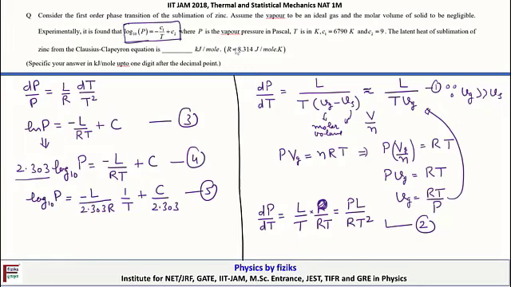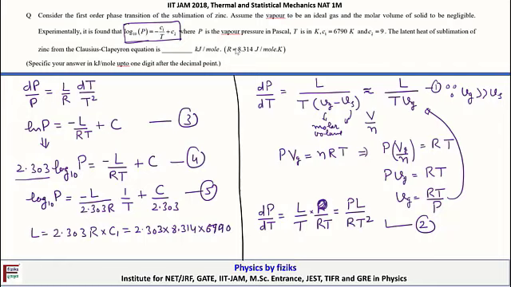After comparing these two equations, what we obtain is that L is equal to 2.303 R multiplied by C1. The value of C1 is given to us in the statement. So this is equal to 2.303, and then substituting the value of the gas constant, 8.314, and multiplying by the value of C1, which is given as 6790.